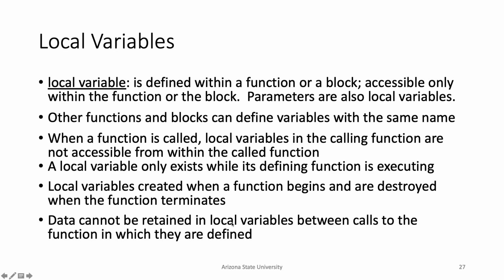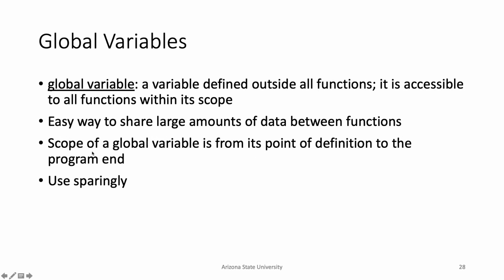So same thing with functions. If I declare a variable in a function, when the function exits or returns or whatever, then that variable is destroyed. But the difference here is something called a global variable. It's a variable that is declared outside of every scope, meaning that it can be used in any scope.